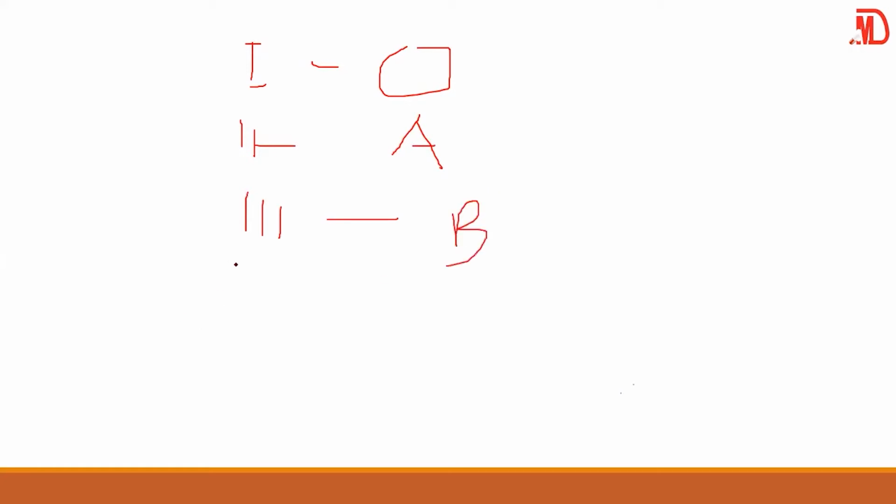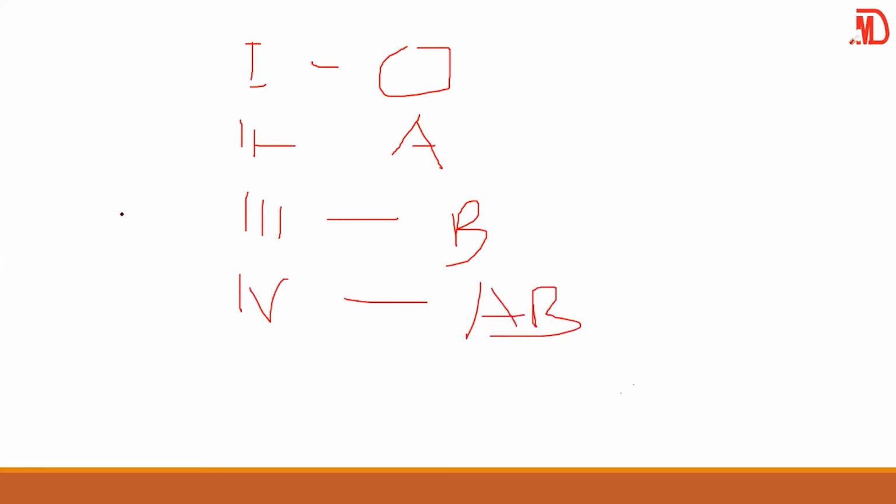And I'm saying that blood group I simply means blood group O. Blood group II means blood group A. III means B. Blood group IV means AB. As simple as that. So there's nothing like confusion.